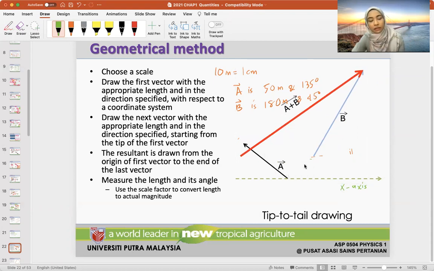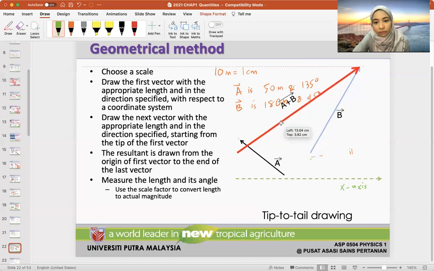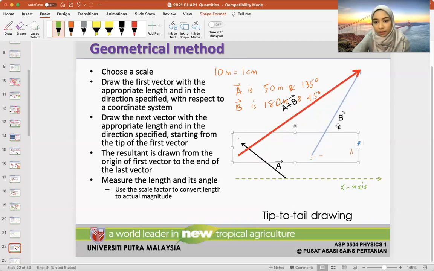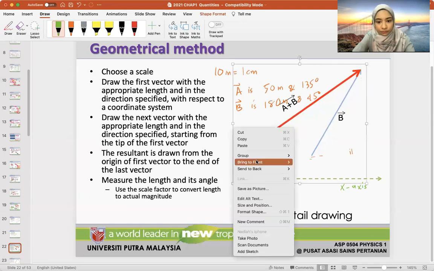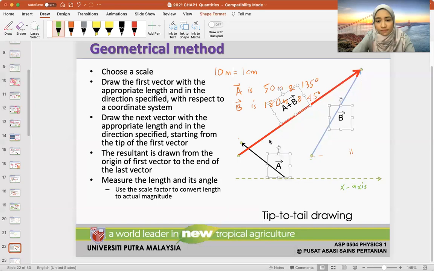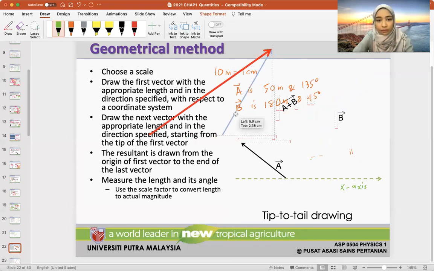Okay, so this is my A vector. And then kita nak pakai tip to tail method, right? Sekejap ungroup. Okay, kita buang dulu.